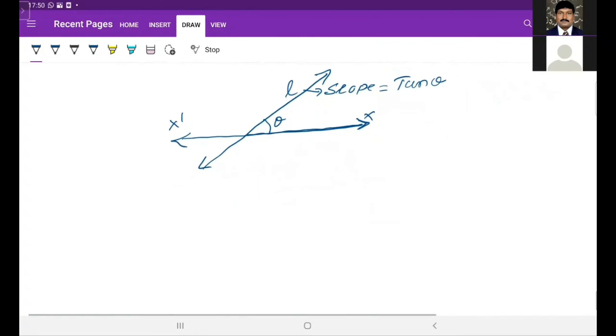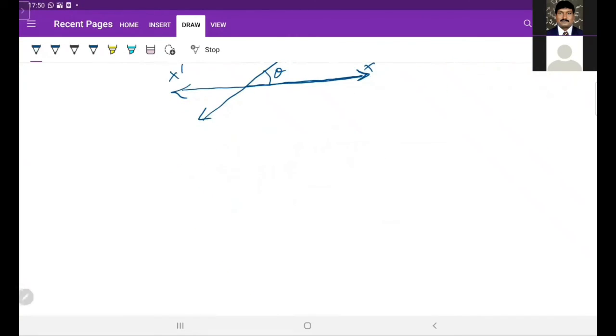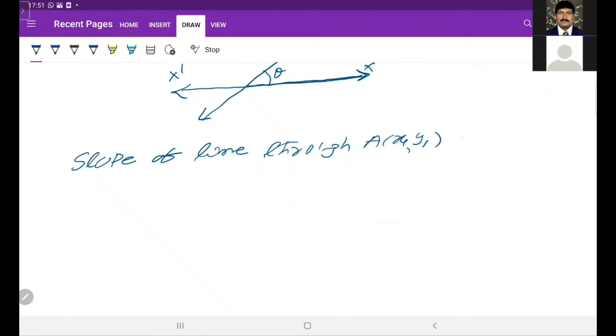Next, slope of a line through A(x1, y1) and B(x2, y2).